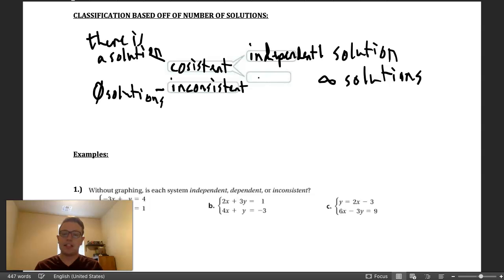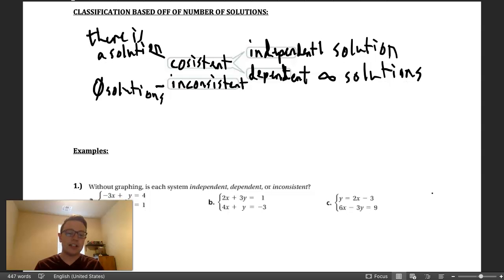And if we have infinitely many solutions, that's a dependent system. So we have three main types of equations. We have inconsistent systems with zero solutions. We have independent systems with one solution. And we have dependent systems with infinitely many solutions.